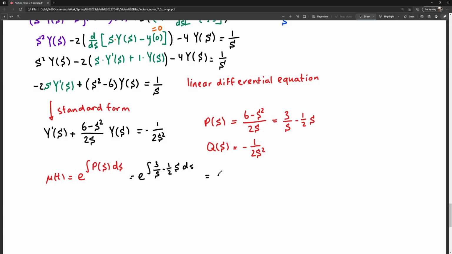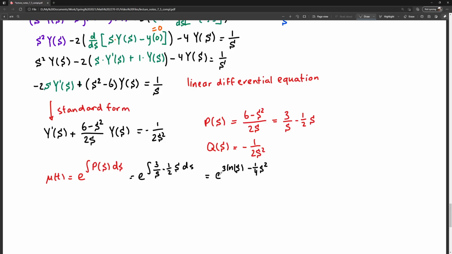And so that is e to the power of the antiderivative of 3 over s, which will turn into an ln, so 3 times ln of s, and then the antiderivative of negative 1/2 s gives us negative 1/4 s squared by the power rule.